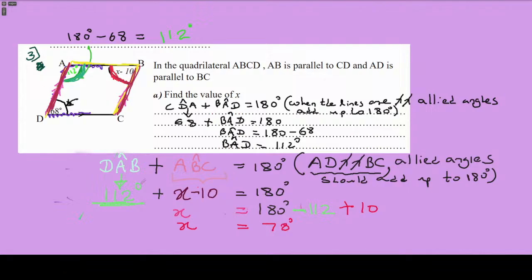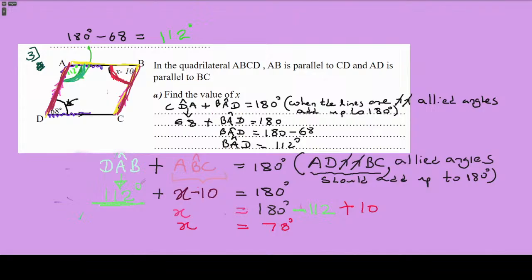Now this is the way you have to do it, applying the rules of parallel lines, right? For this same question, once you go to grade 10, there's a much quicker way to do it. Some of your schools might have taught you, though I doubt they teach it in grade 9, that what you're seeing here is a parallelogram.